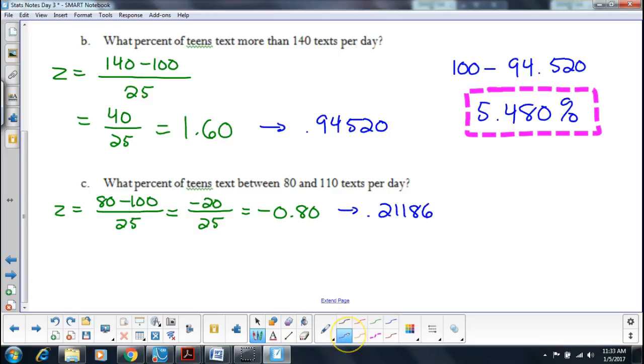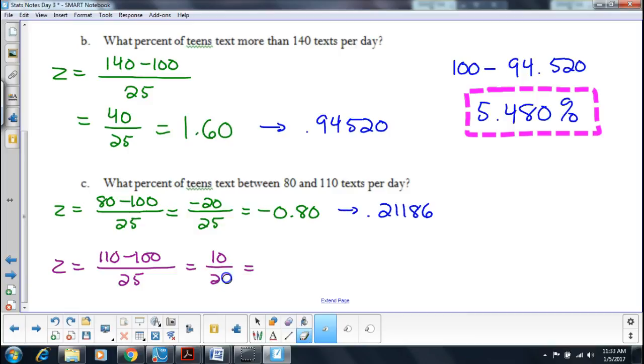Then my z-score for 110 is going to be 10 over 25, which is 0.4? Yeah.